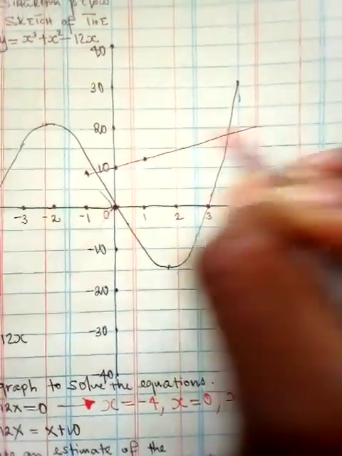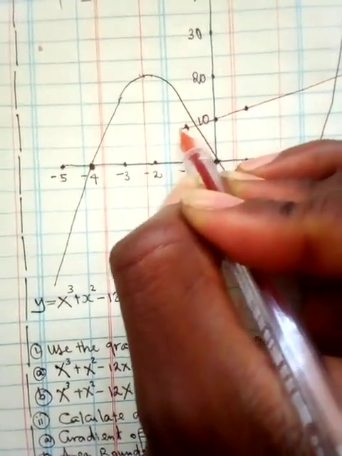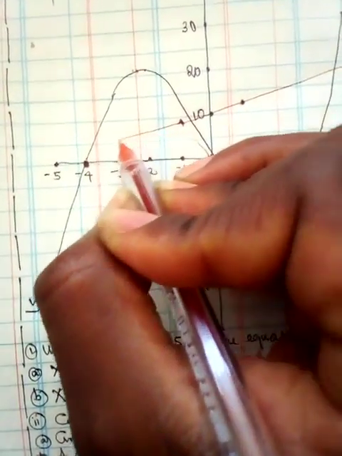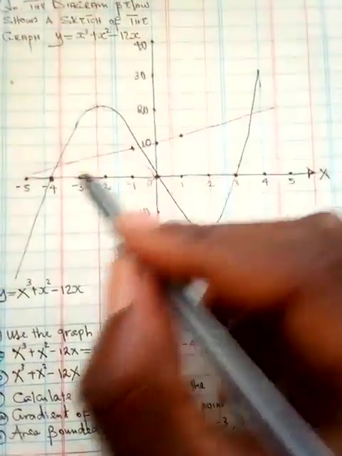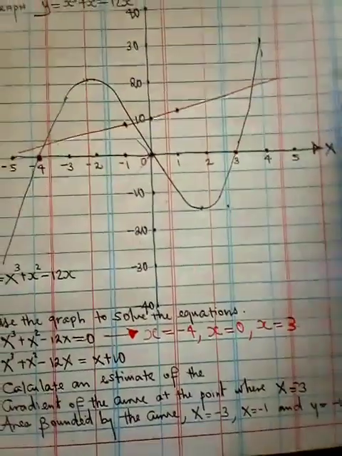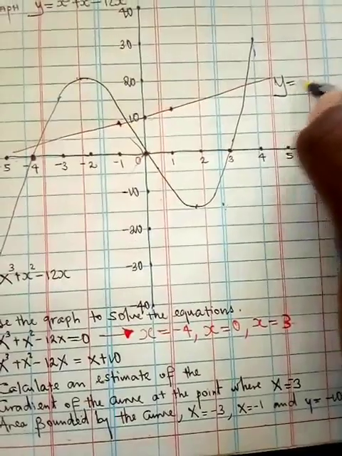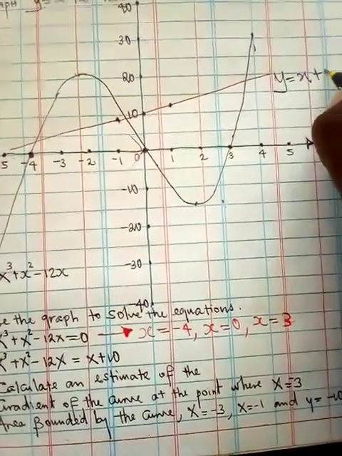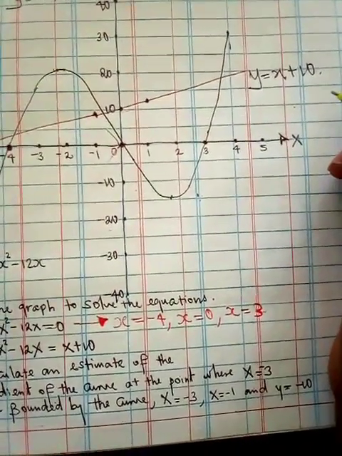Make sure that they are meeting with your graph, at least in that way. You make it like that, and it's essential that you always label your graphs anytime you plot them. So this was y is equal to x plus 10. You label it: y is equal to x plus 10.